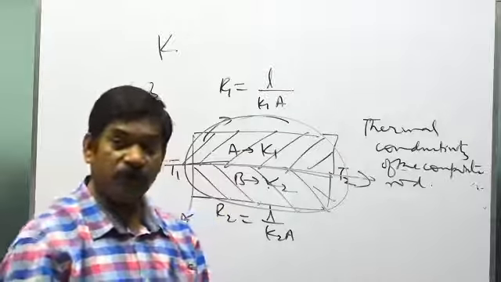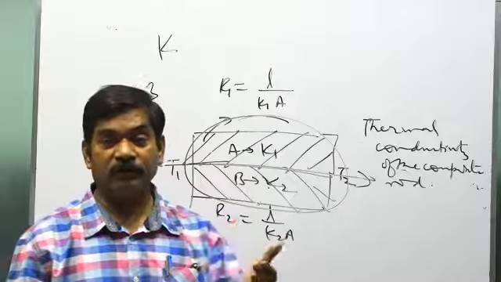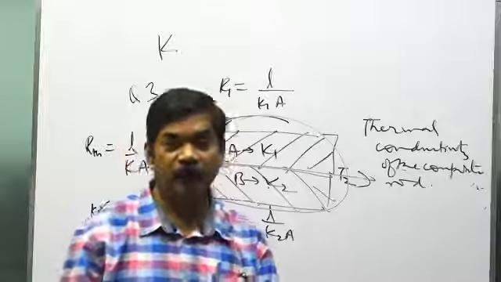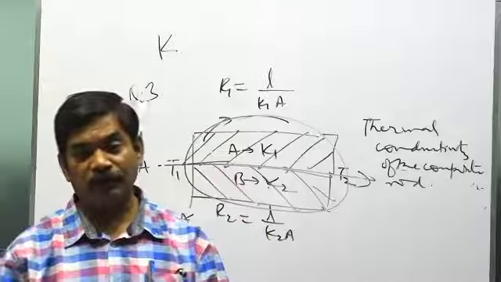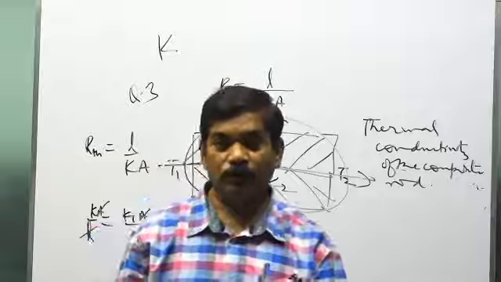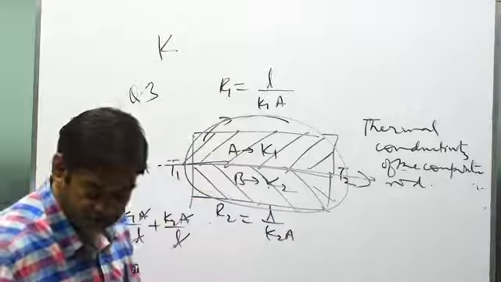So here, what you need to know is the formula for thermal resistance, and how thermal resistances combine in series and in parallel. The formula is R equals R1 plus R2, and 1 by R equals 1 by R1 plus 1 upon R2. Is that clear?